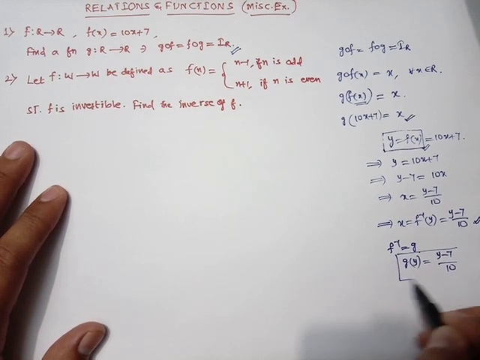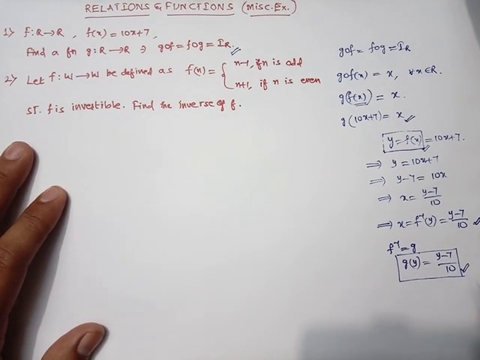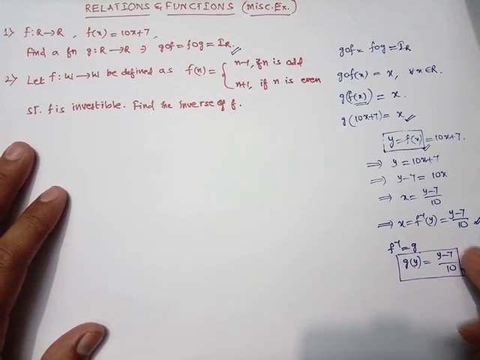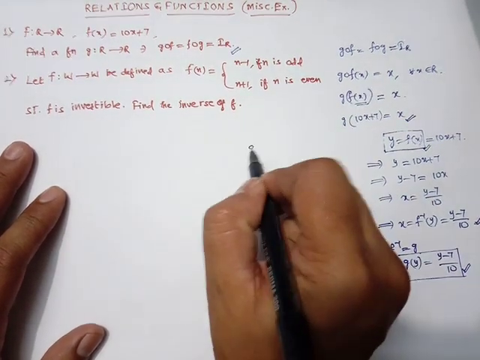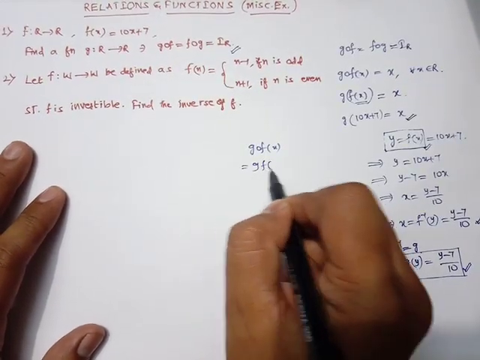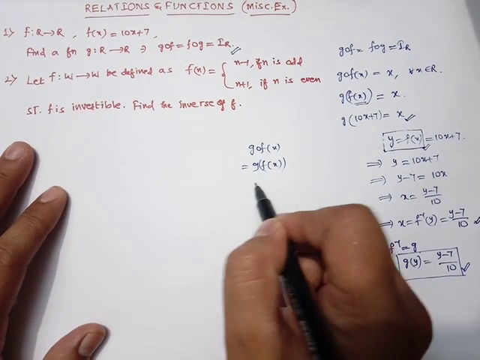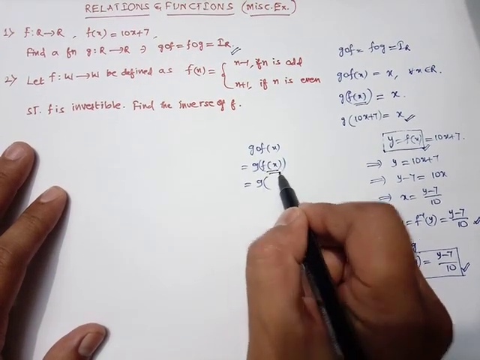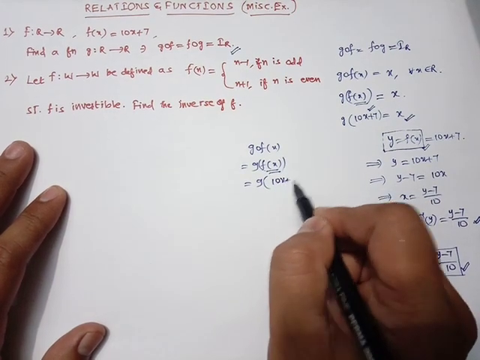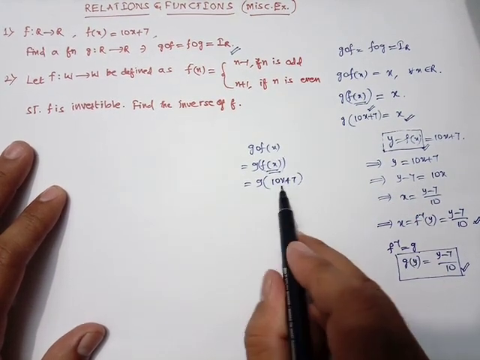This is your function. Now we will check whether this particular function is valid or not. g(y) = (y - 7)/10. Now g∘f(x) = g(f(x)), and f(x) is nothing but 10x + 7.